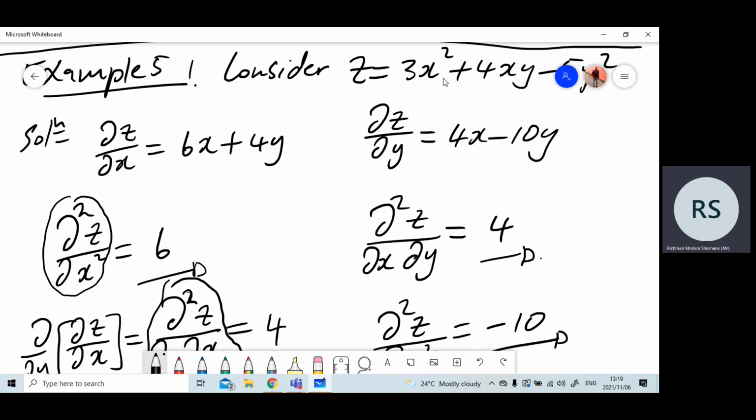If your function is of two variables, you have 2 first partial derivatives and 4 second partial derivatives. Let's say if this function is a function of 3 variables, you're going to have 3 first partial derivatives and then 6 second partial derivatives. Okay.